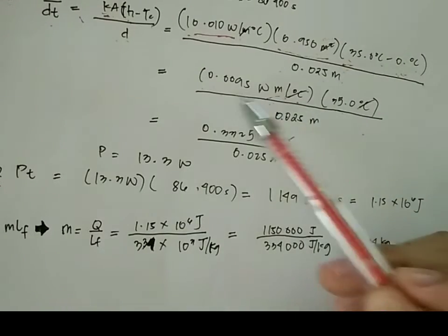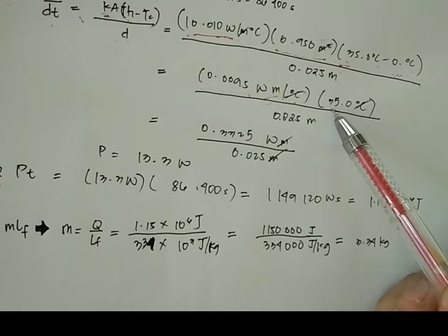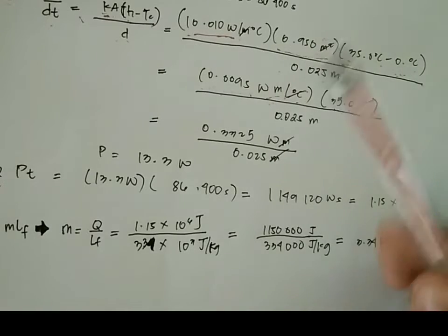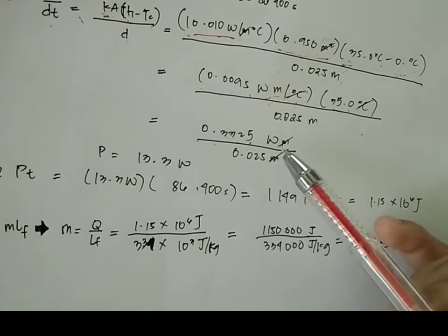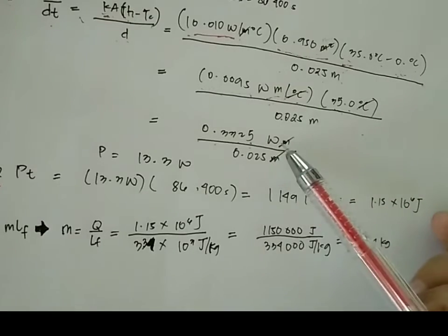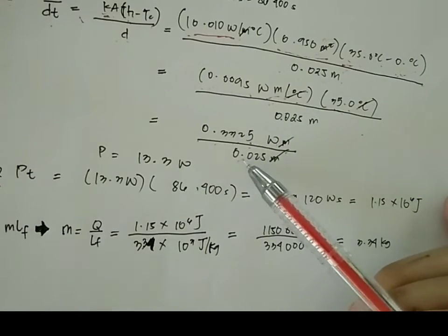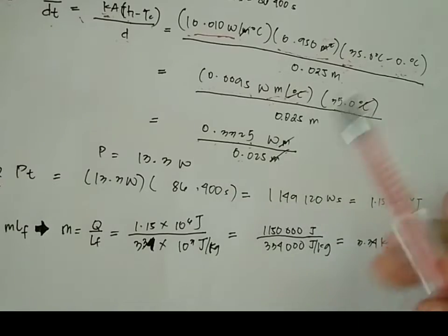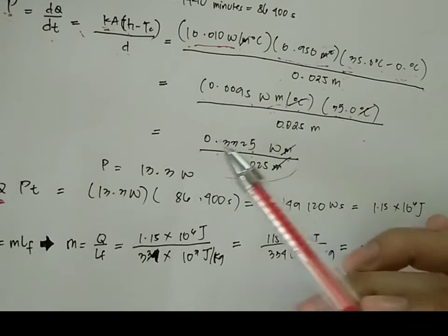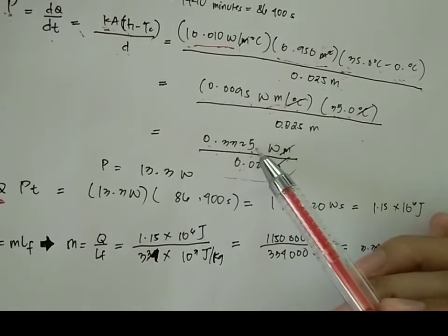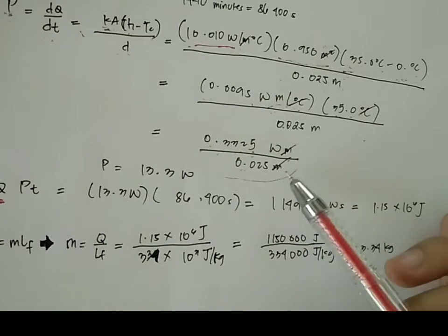So, I multiplied 0.0095 by 35.0, which is equal to 0.3325 watt meter. Then, copy the denominator, which is 0.025. After that, we divide 0.3325 by 0.025 meter.